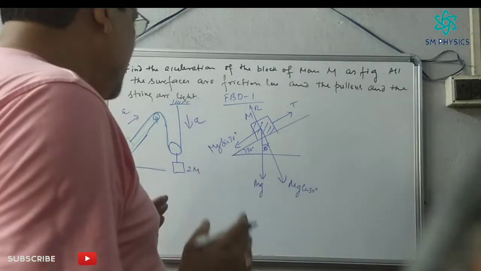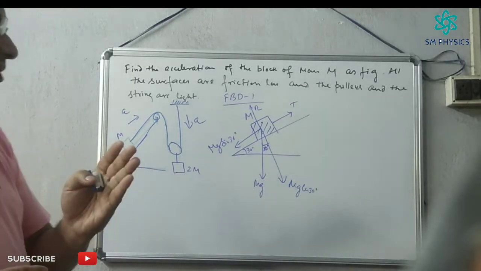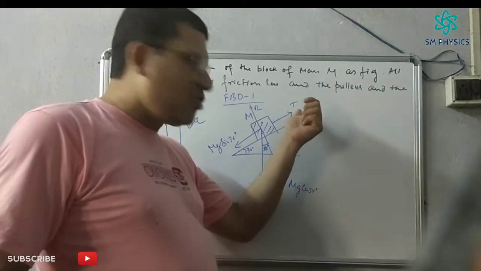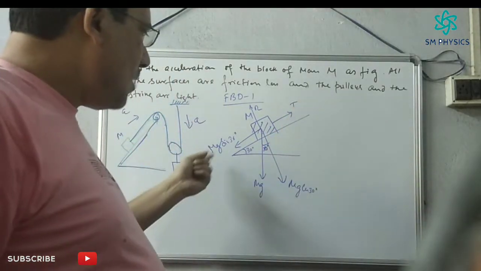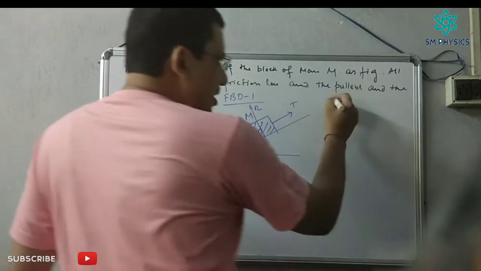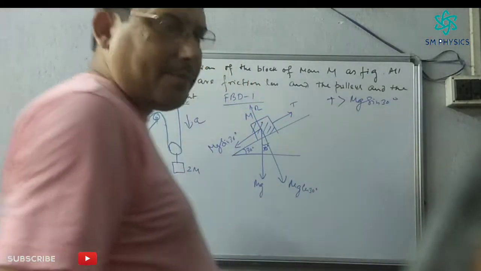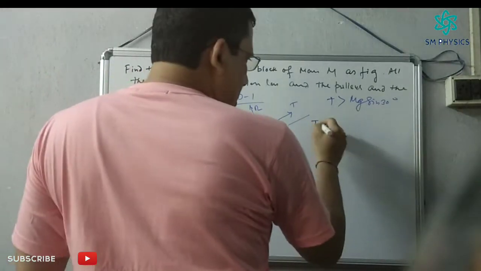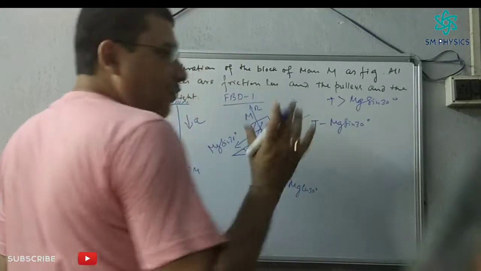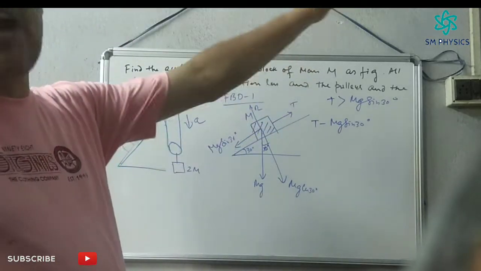Now if the net force acts in the upward direction, that means the upward force is greater than the downward force. So what is the upward force here? That is the tension of the string, and the downward force is mg sin 30 degree. So tension T is greater than mg sin 30 degree. Clear? So T minus mg sin 30 degree is the net force which acts on this block, and due to that net force, the body will move in the upward direction.